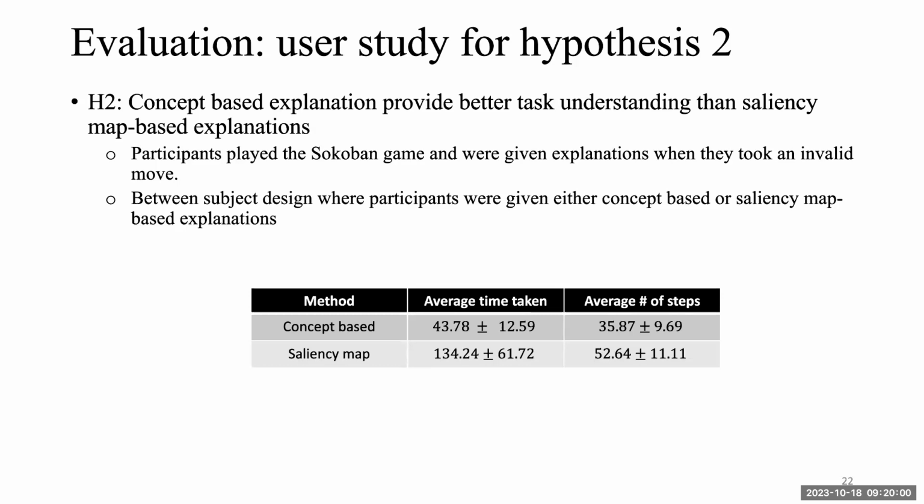It was a between-subject design where participants were given either concept-based explanations or saliency map-based explanations. We saw that when given concept-based explanations, they could get the environment dynamics quickly, and the average time taken and the average number of steps were lower than with saliency map-based explanations.